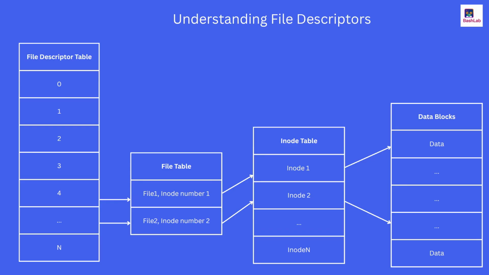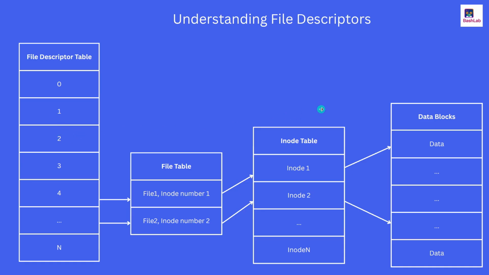Before we move on and troubleshoot the issue of file descriptor exhaustion, it is very important for us to understand what file descriptors are in Linux. In Linux, every process keeps track of the files and devices it's using through file descriptors. Just small integers like 0, 1 and 2. These numbers live in a table that's private to each process. So fd0 is standard input, fd1 is standard output and fd2 is standard error.